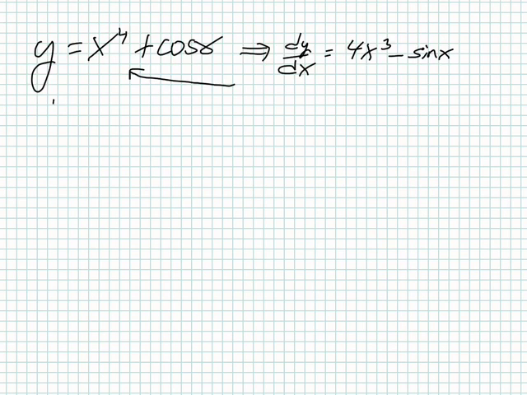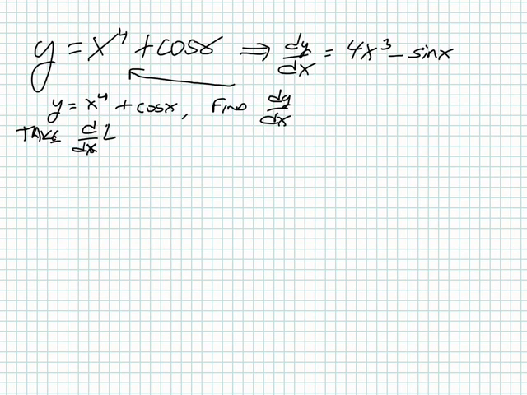So I'm going to rewrite this as y is equal to x to the fourth plus cosine of x. And I want to find dy dx. What I'm actually doing here, and this is something we haven't done before because, again, learning the basic rules of differentiation was confusing enough, but what we want to do here is, when I'm taking the derivative, take d dx of both sides.